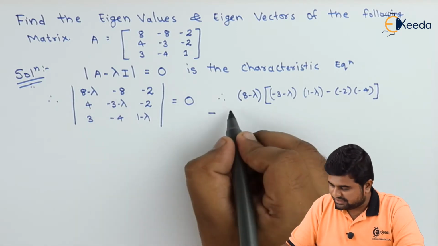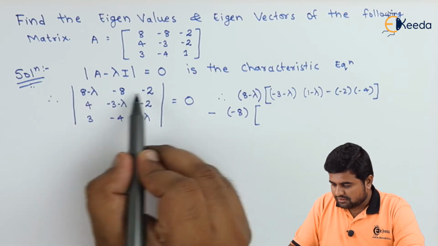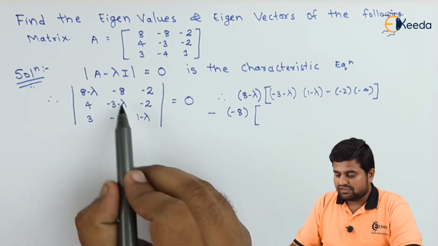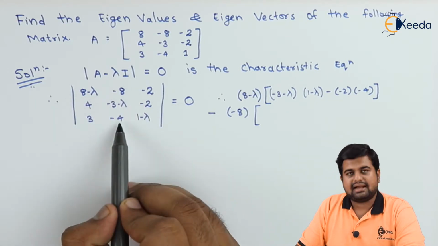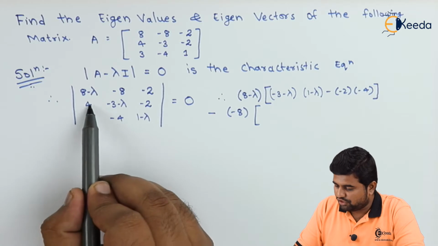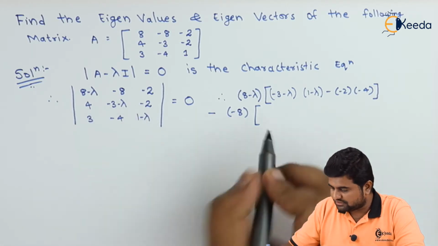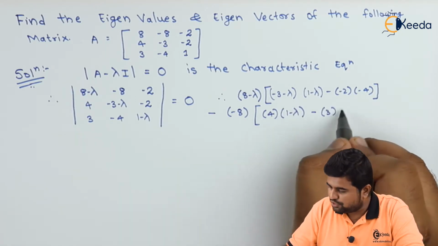minus the second element, which is minus 8, into, we will solve this by eliminating the first row and second column. So we have got 4, minus 2, 3 and 1 minus lambda. So 4 into 1 minus lambda minus 3 into minus 2.